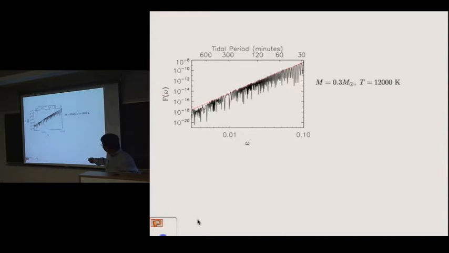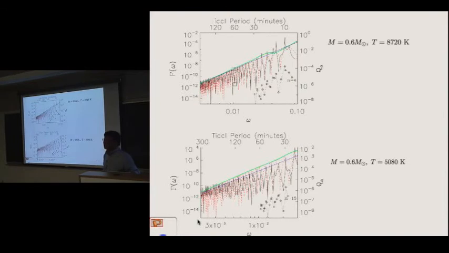For the helium white dwarf, you can see the Q at the forcing frequency varies a lot. So the effective Q depends strongly on the internal structure of the white dwarf. Not only these features, but also the envelope of the amplitude of this function depends strongly on the properties of the white dwarf.